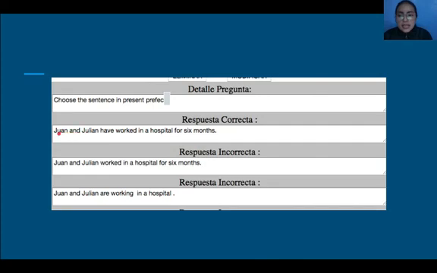In this case, the sentence is using have because Juan and Julián are more than one person. Okay, this is the correct answer. In this case, the second sentence is in present, the third is in present continuous because the sentence is using ing.